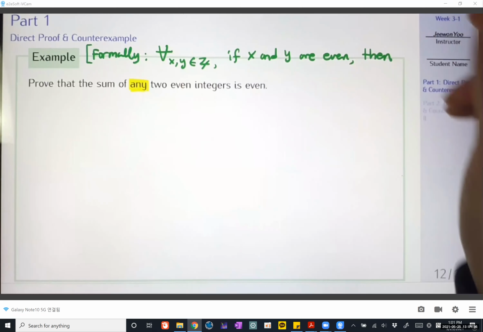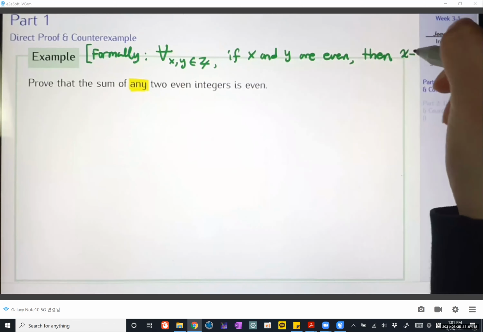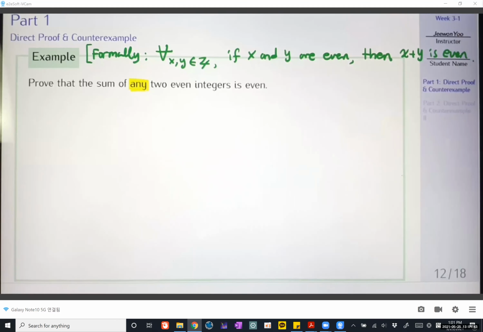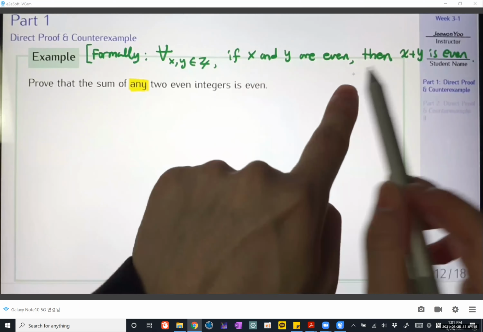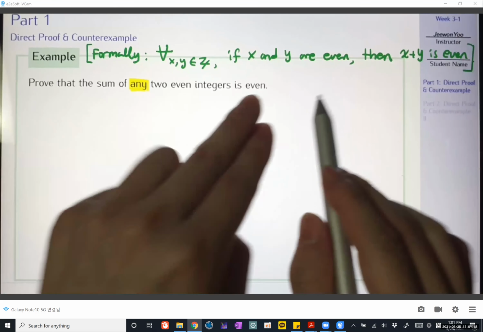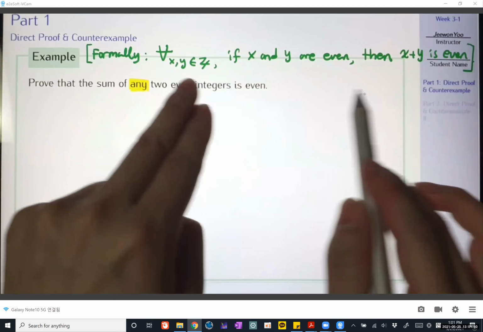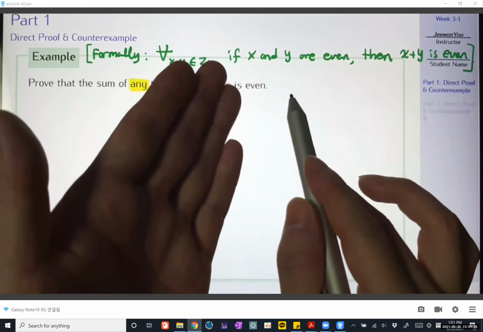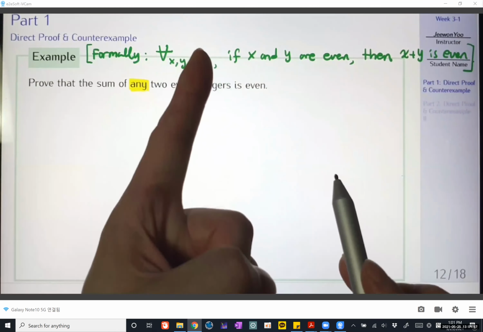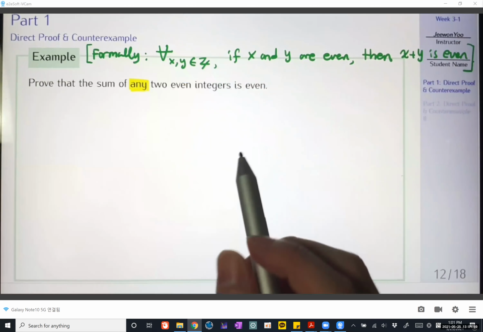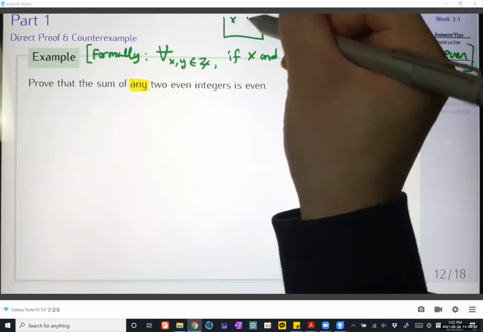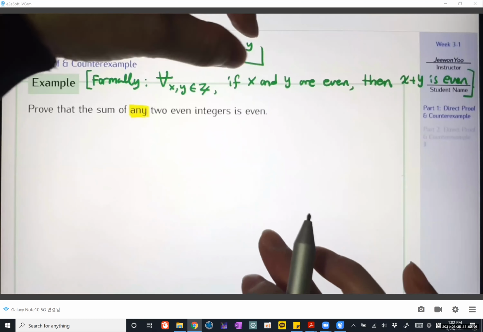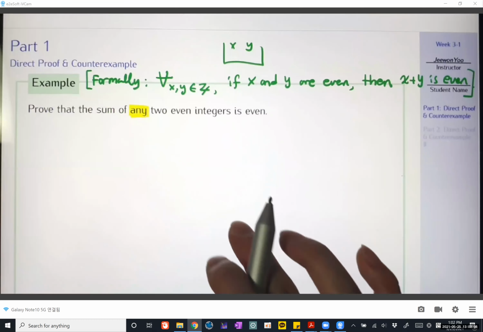It means our conclusion is that x plus y is also even. There you go. This is my formal statement. Now that you know the formal statement is a universal statement, we have to use the arbitrary method. Suppose you pick some random x and y that are even.